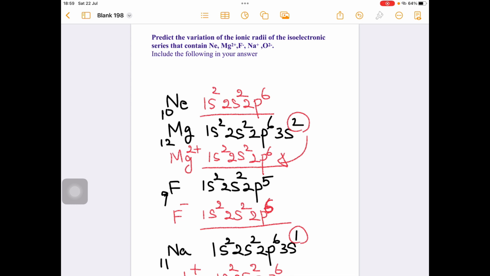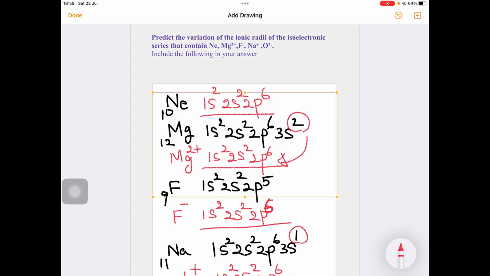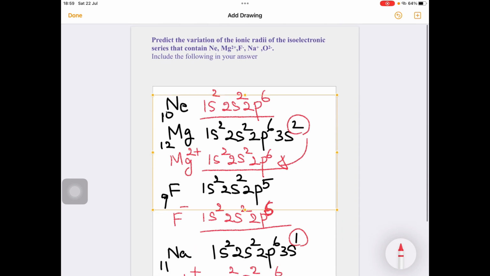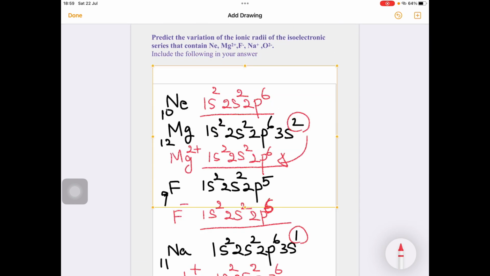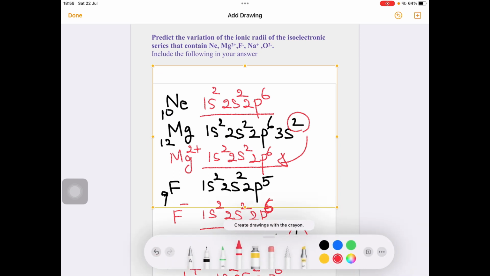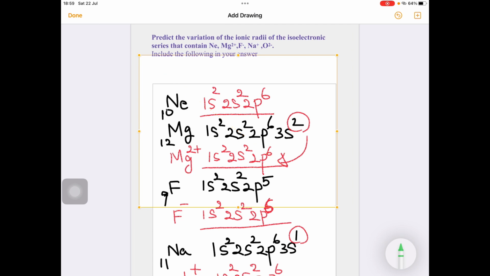So we can conclude that magnesium 2+ should have the lowest ionic radius, and the next in line should be Na+, because the nuclear charge is less.